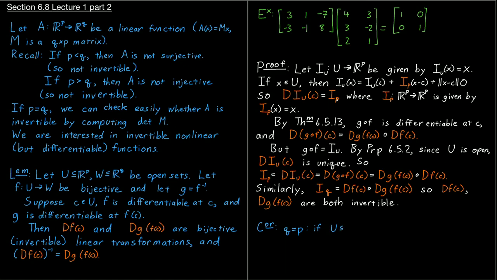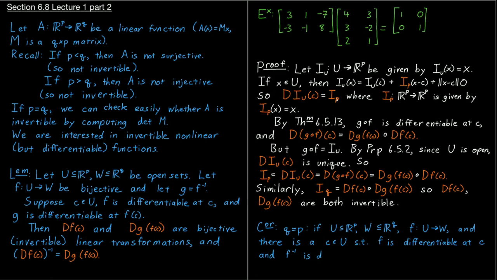That is, if U is a subset of R^p, W is a subset of R^q, f goes from U to W, and there is a c in U such that f is differentiable at c, and f inverse is differentiable at f of c, then p and q have to be the same number.